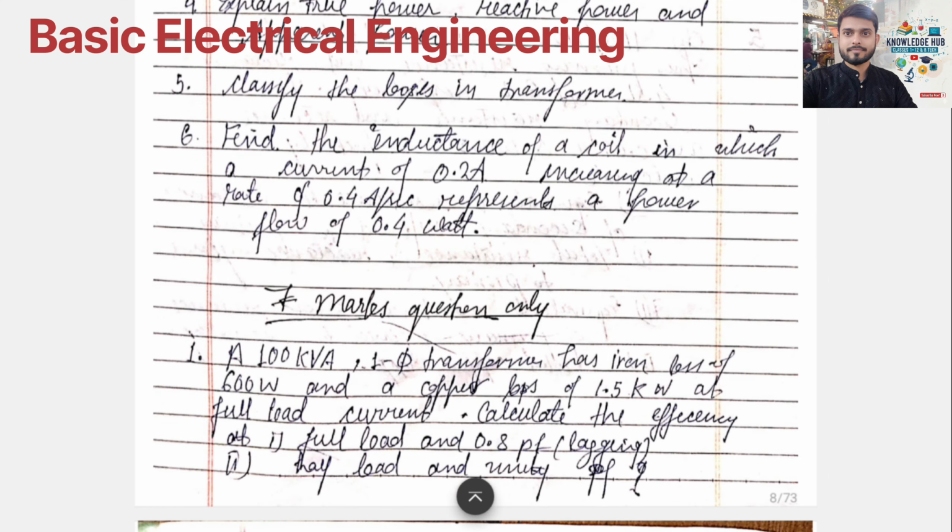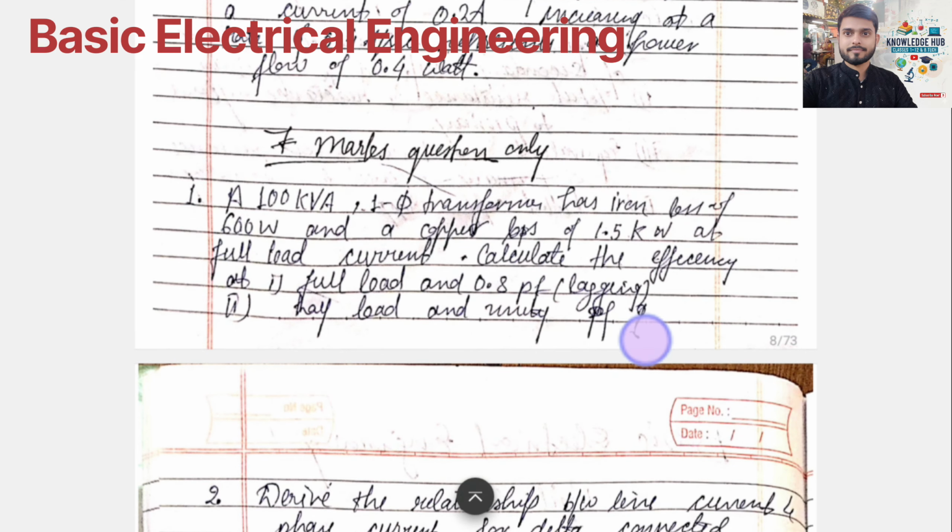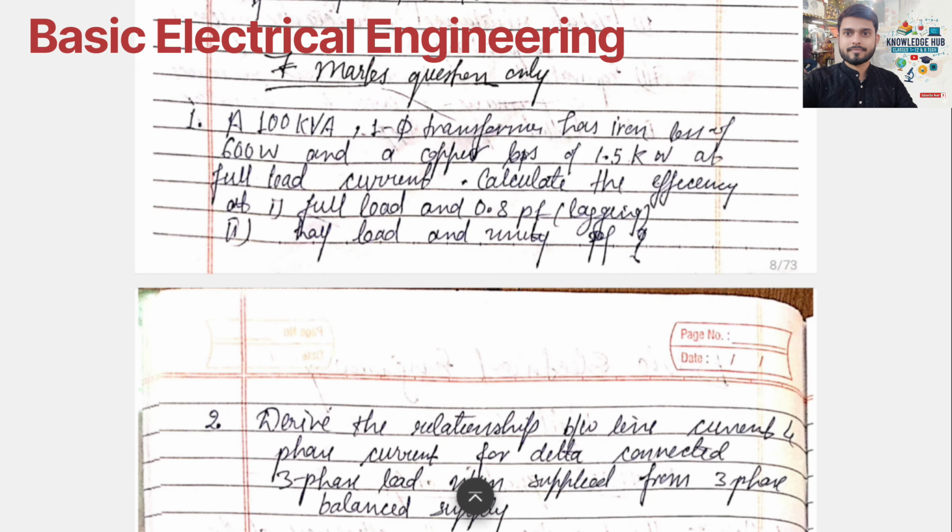Now the sixth question is: find the inductance of a coil in which a current of 0.2 ampere is increasing at a rate of 0.4 ampere per second, representing a power of 0.4 watt. Now the long answer type questions.